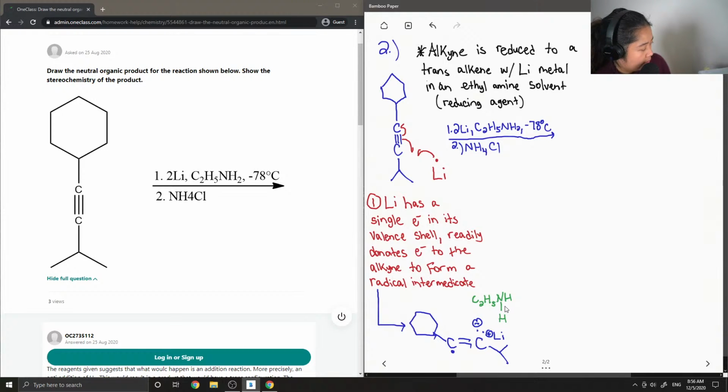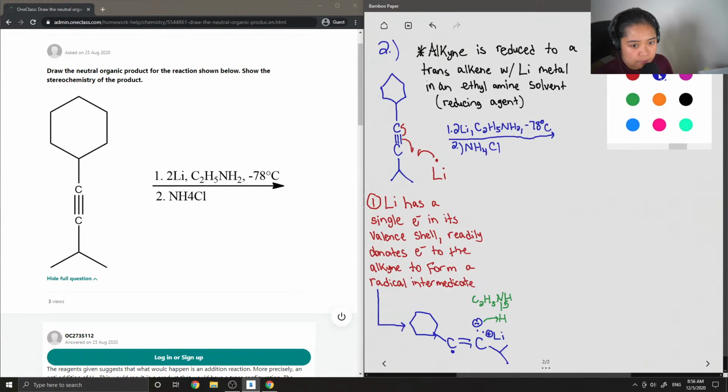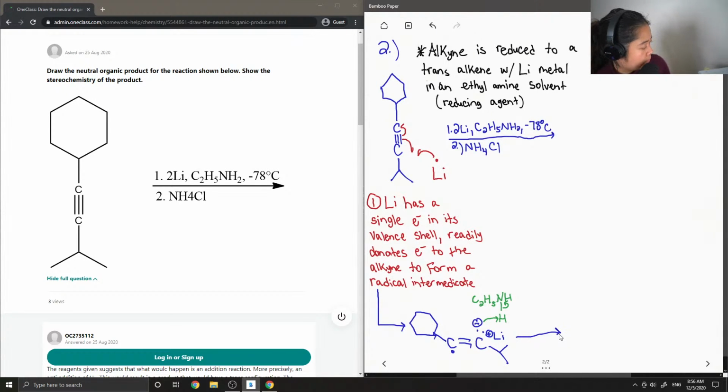And this negatively charged carbon will come and deprotonate the amine to give us another intermediate.